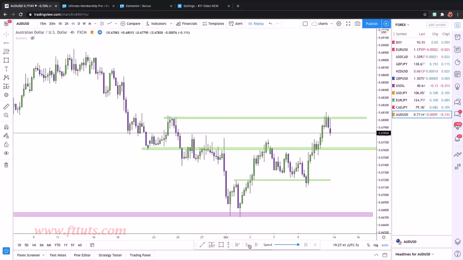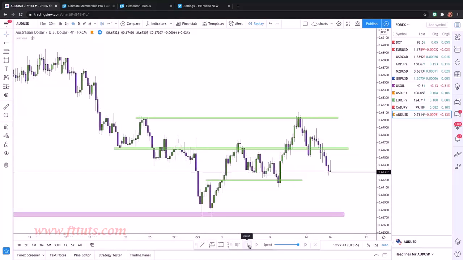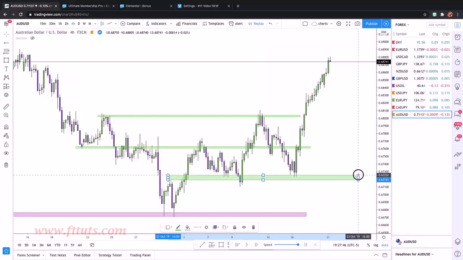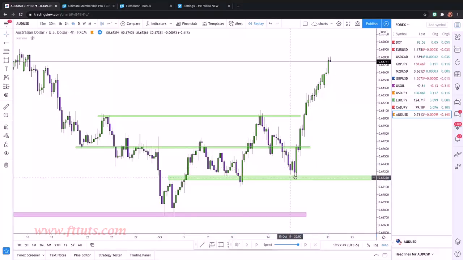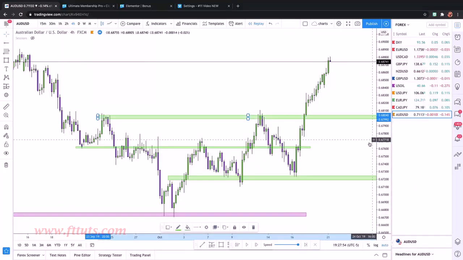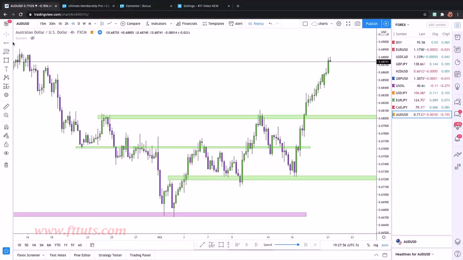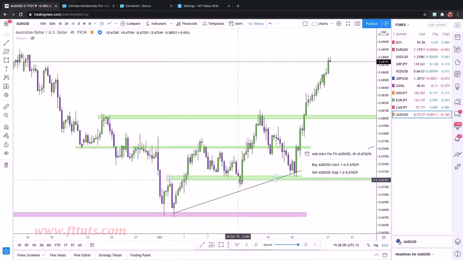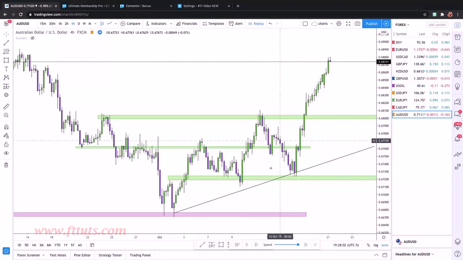Okay, so then let's see what happens next. Comes back down to the support structure, exhausts, and goes all the way up and breaks. Okay, so these are your 3 entries, like right here, 1, 2, and 3, and then price just continues up.